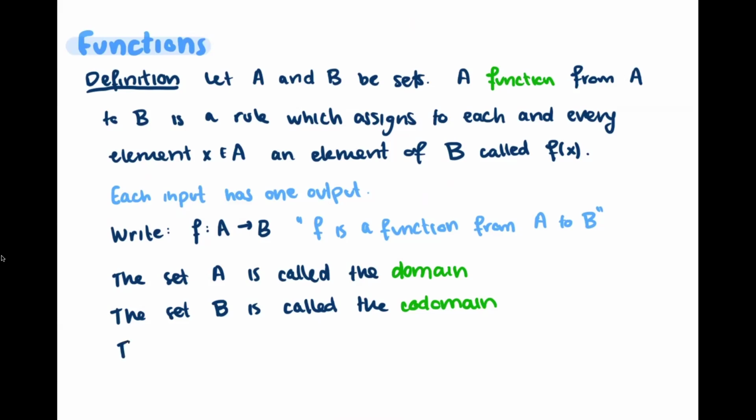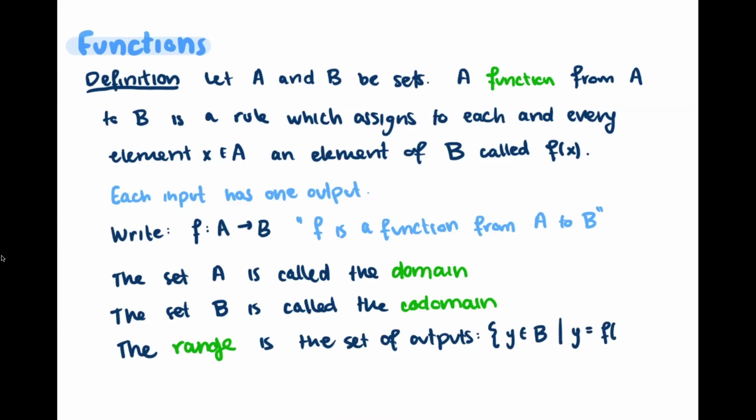So the range is the set of outputs. So this will be the elements, I'll say Y in B, such that Y is equal to f of X for some X in A. Okay, so as I pick out elements of A and see what f does with them, I'm populating the range with all of its elements, right?